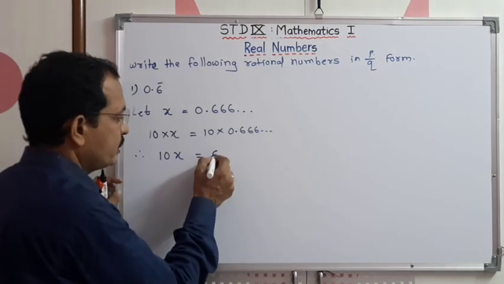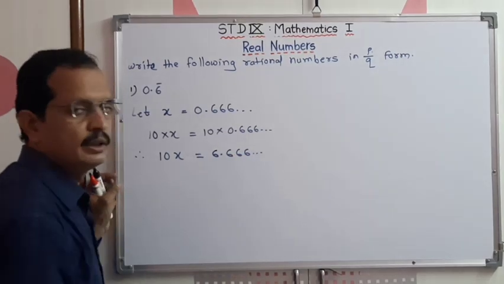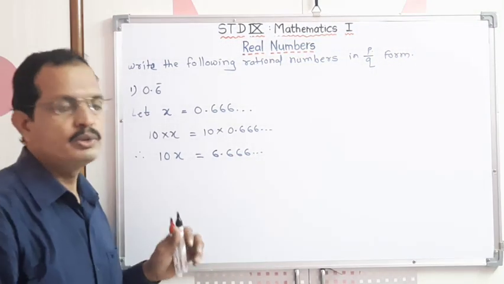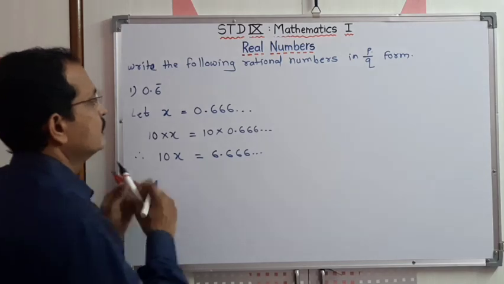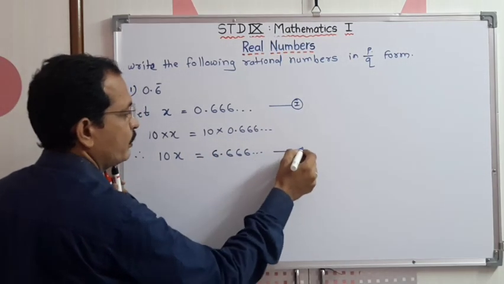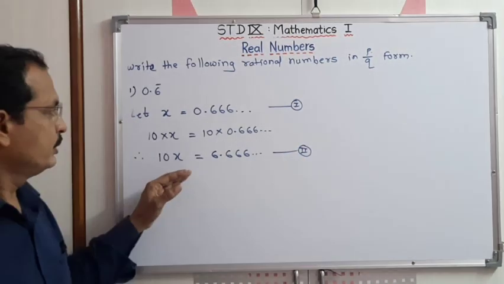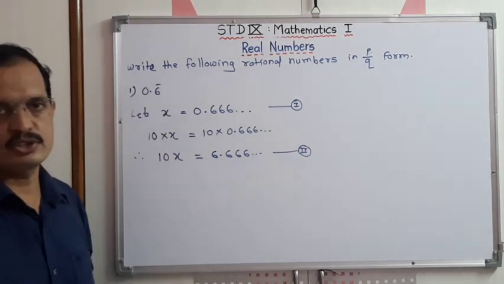Therefore, it will be 6.666 like this. Now see here, this is our assumption number first. After multiplying, we get the second. Now from this second, we have to subtract the first one.